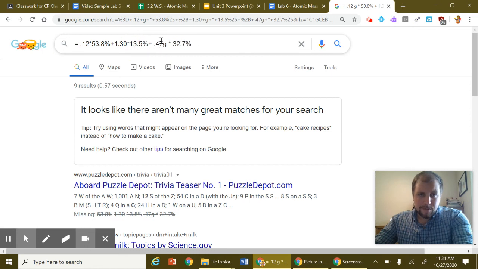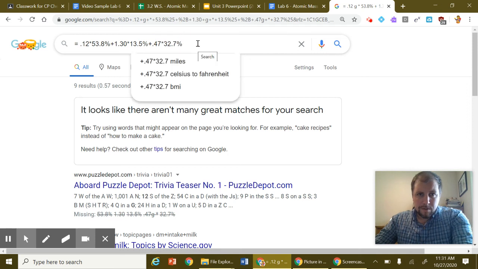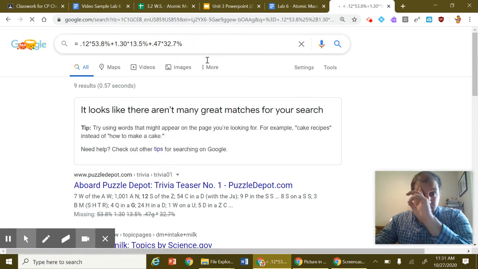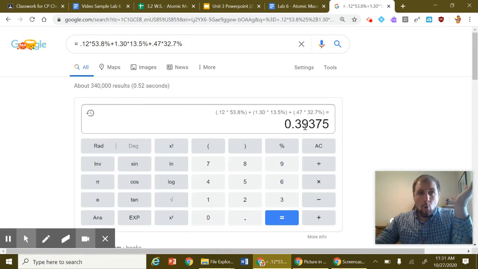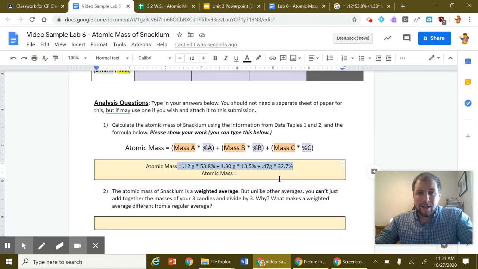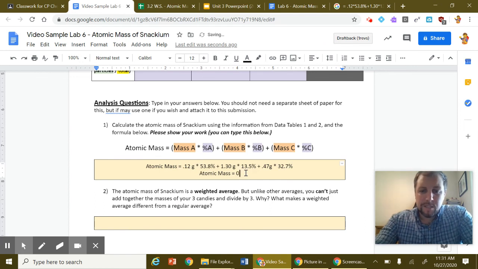Get rid of the grams. What do we get? Will it tell us? Ooh, okay. It tells us 0.39375. All right, the atomic mass is 0.39375.